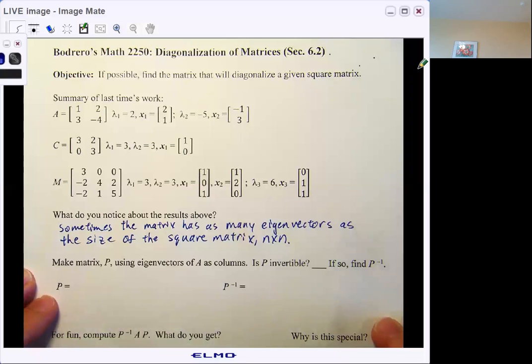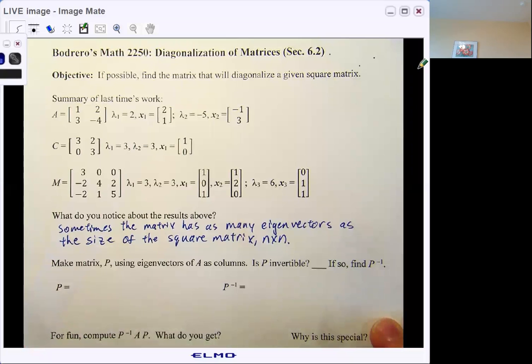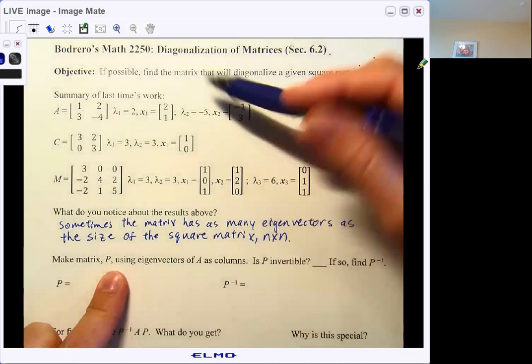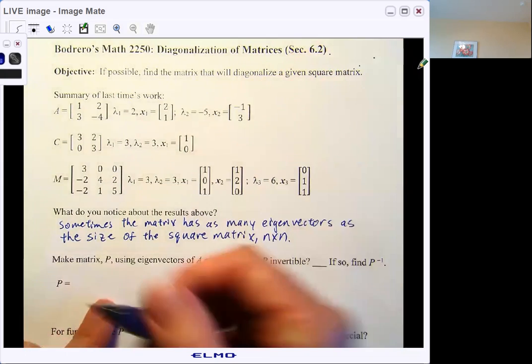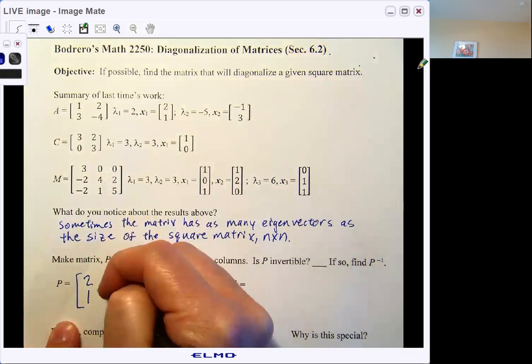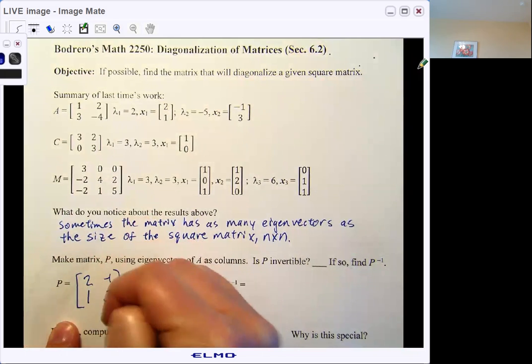Okay, here's the cool thing we can do. Let's make a P matrix using the eigenvectors of A as columns. Since they're already in that order, I will use 2, 1 as the first column and -1, 3 as the second column.